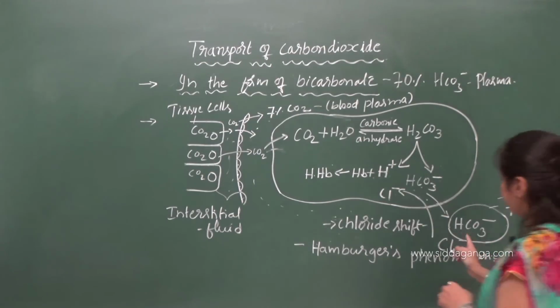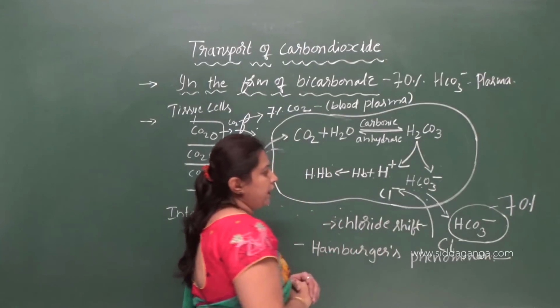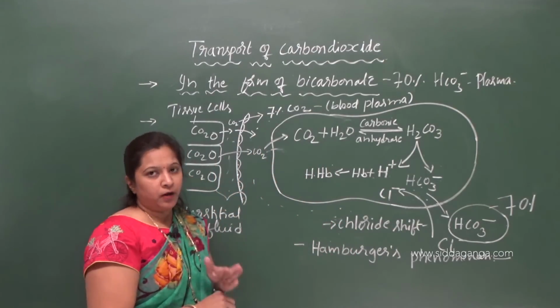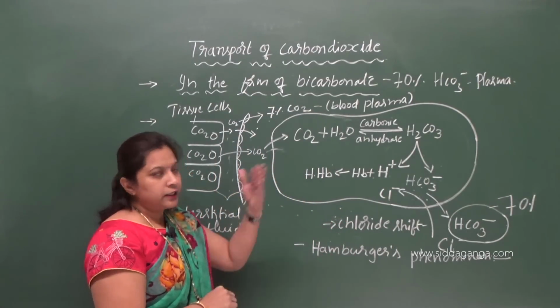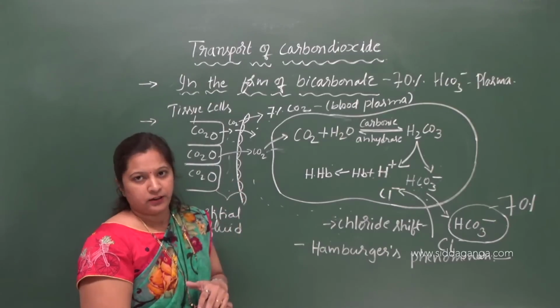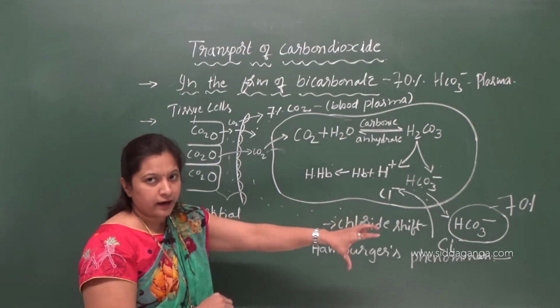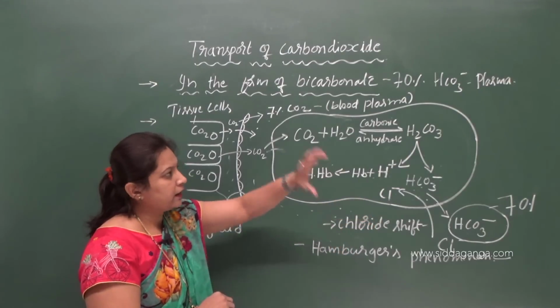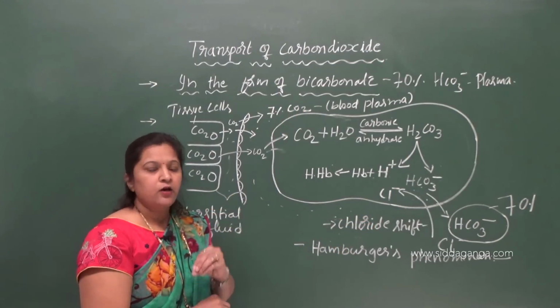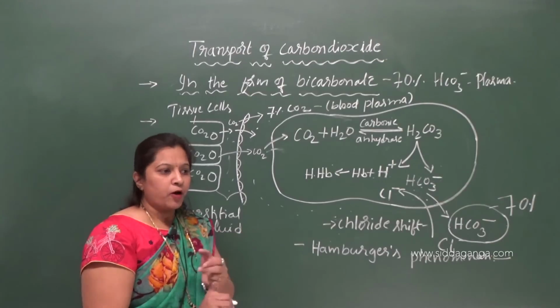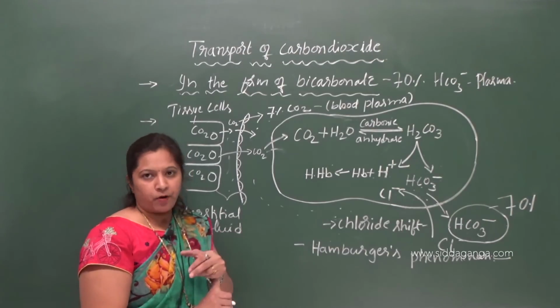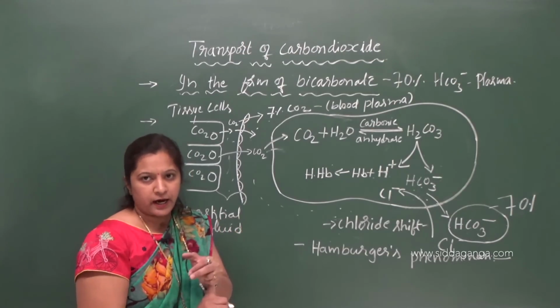When this deoxygenated blood from the body tissues, containing the carbon dioxide, reaches the alveoli of the lungs, what happens? There the partial pressure of carbon dioxide and partial pressure of oxygen change, right?